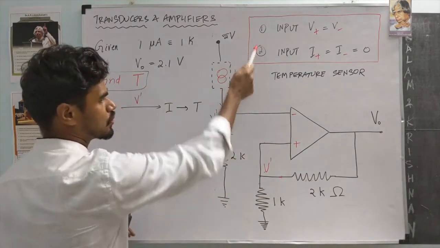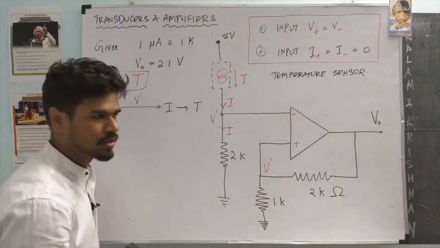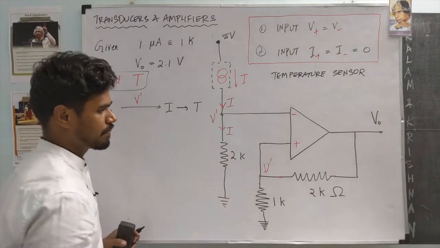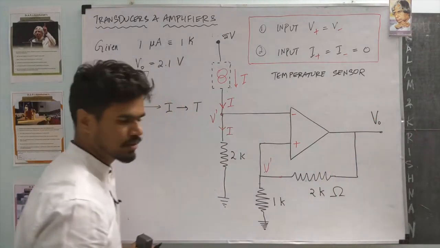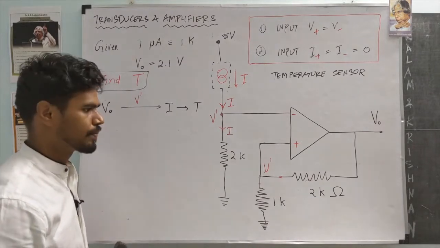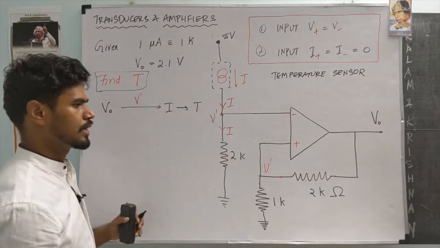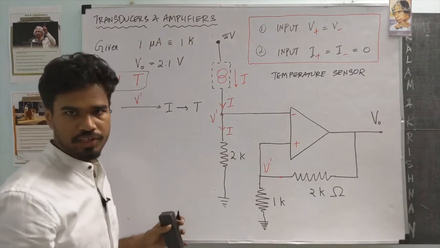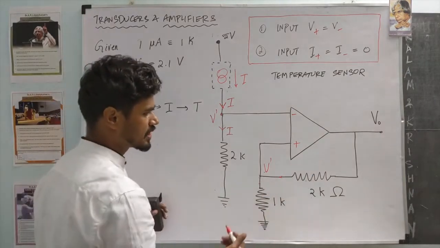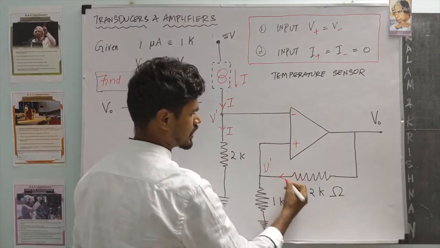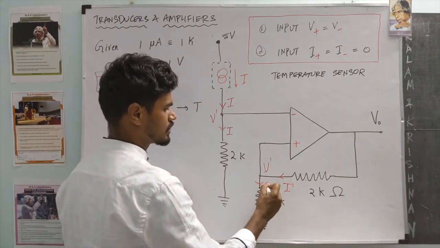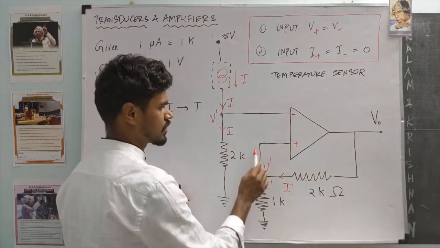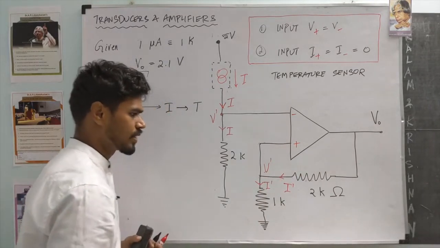This is the first rule of an ideal op-amp: the two input voltages will be the same. Now relating V dash and V naught should be straightforward. How do we do that? It's called the voltage divider rule, which applies in this case because there is a current I dash flowing in this branch, and that should be the current that flows in this branch because none of it could enter the positive terminal.